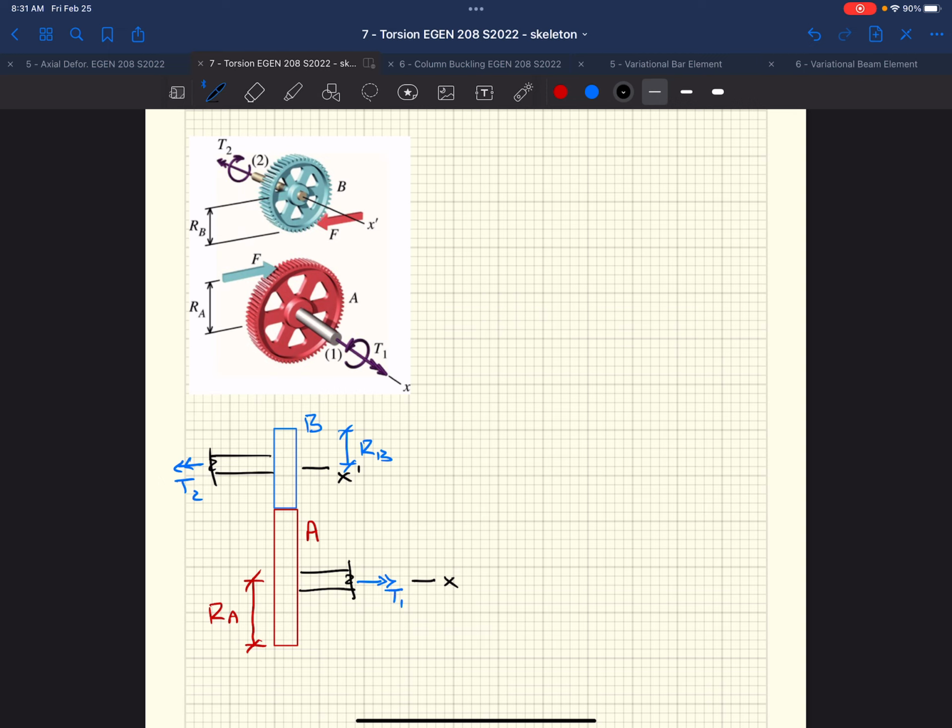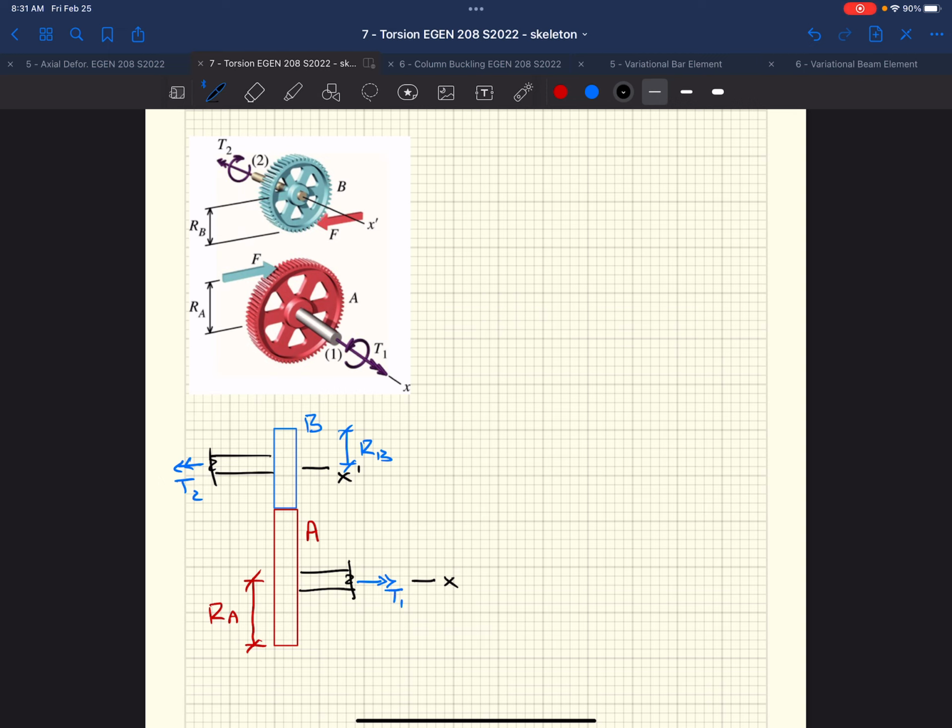So if we were to split these gears, we could then draw a free body diagram. We have our applied torques. We know T1 and T2 in shafts 1 and 2. We would also know that there's a force applied at this mated surface, between the teeth of our gears. That force we're going to call F, and that force has to be equal and opposite in order to maintain equilibrium.